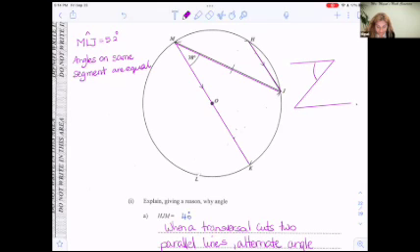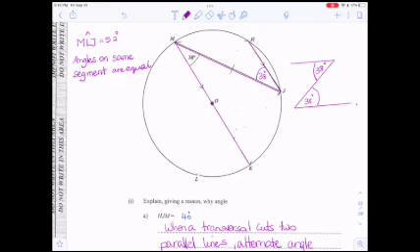So it means this angle here is 38 and this angle here would also be 38. You all understand that? So that is the first angle.